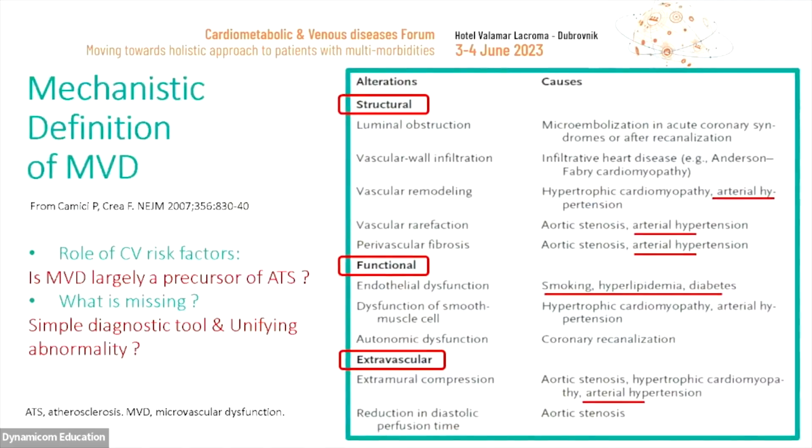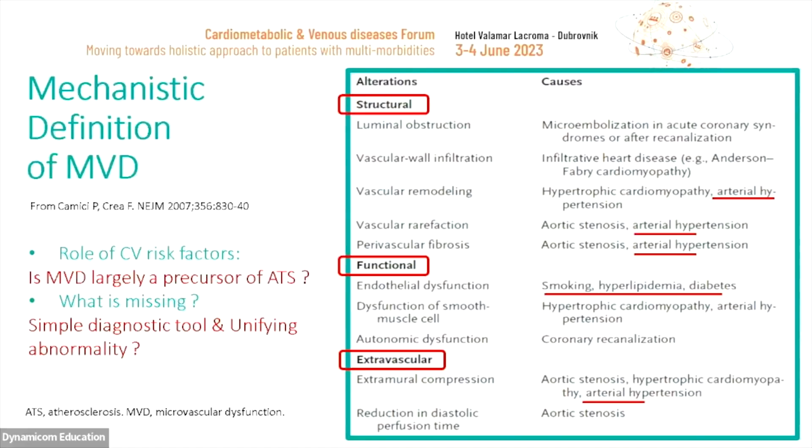Now, a mechanistic definition of microvascular disease is quite classical by now, and it still holds true: structural, meaning diseases, hypertrophy, risk factors, in particular aortic stenosis. Functional, referring more to the vasomotility component, or indeed extravascular because of compression, for instance. Please appreciate how the risk factors here seem to be playing an important role: hypertension, smoking, hyperlipidemia, diabetes.